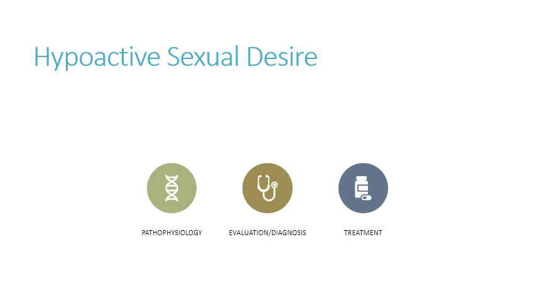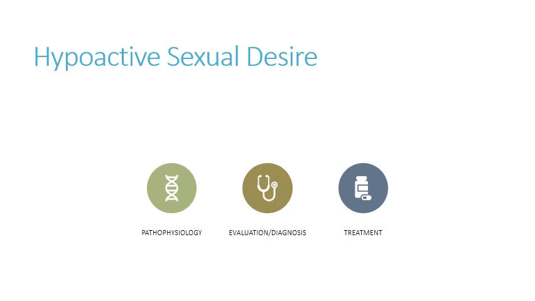So if hypogonadism is corrected, then the sexual desire may get to the normal level for that individual. But again, the treatment is very individualized, and sometimes it may need the referral to a specialty, again, someone who specializes in this particular problem.